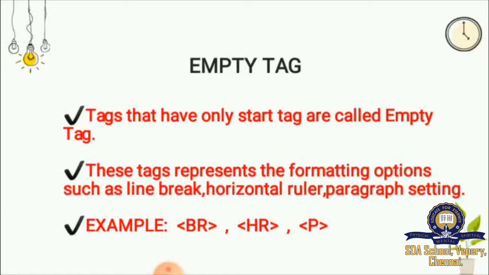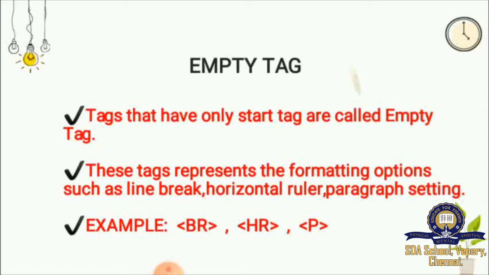This tag represents formatting options such as line break, horizontal ruler, and paragraph settings. For example: tag BR, tag HR, tag P. Tag BR is used to add a line break. Empty tags do not have to be wrapped around text and do not require a closing tag. This is about the empty tag.